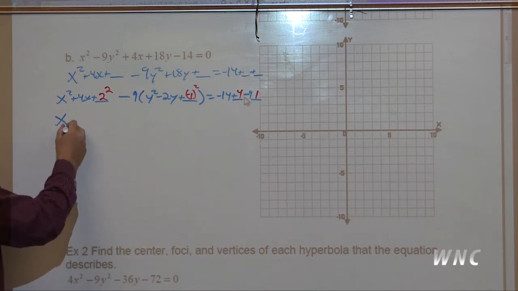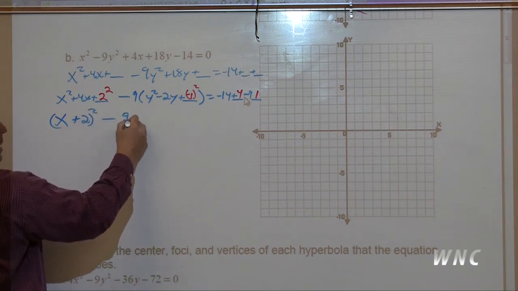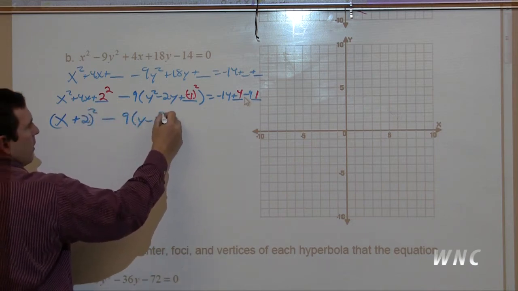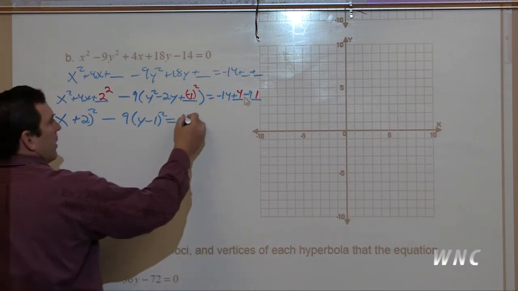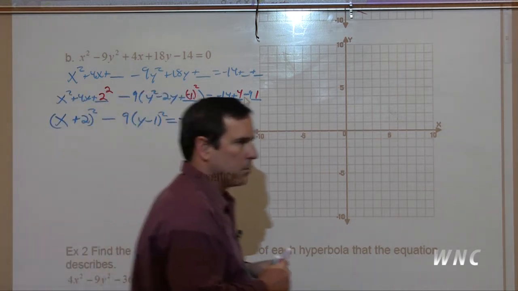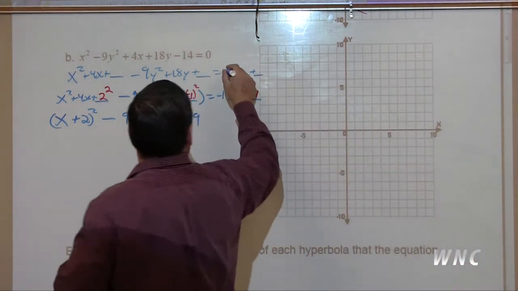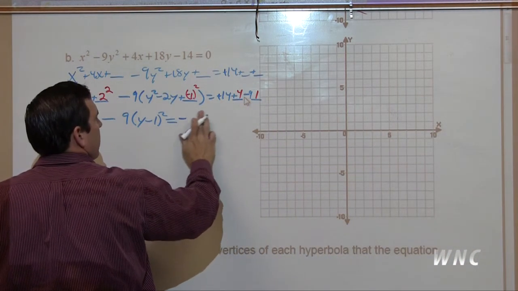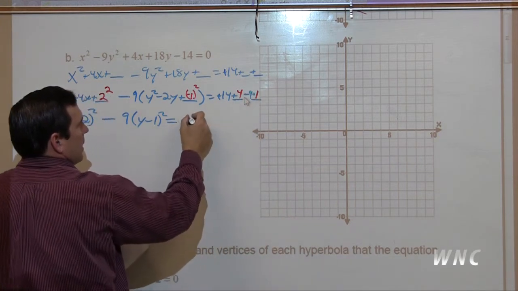We end up with x plus 2 squared minus 9 times y minus 1 squared equals, oh, that should have been positive 14, not negative. Okay, so one more time. 14 plus 4 is 18. 18 minus 9 is 9.